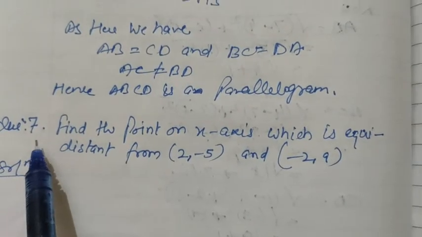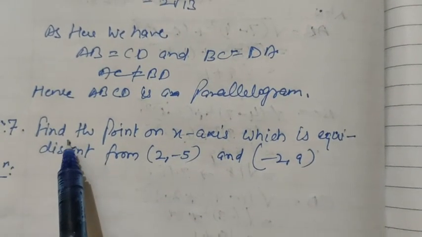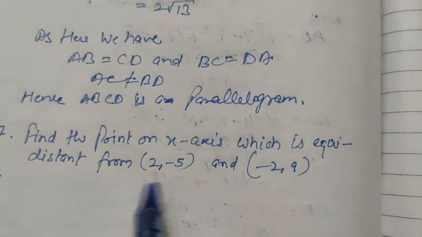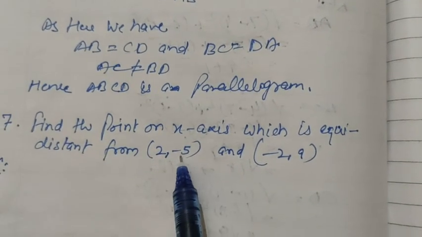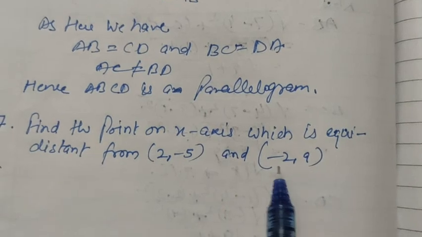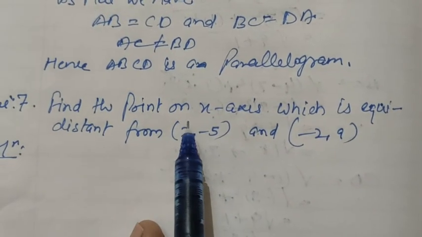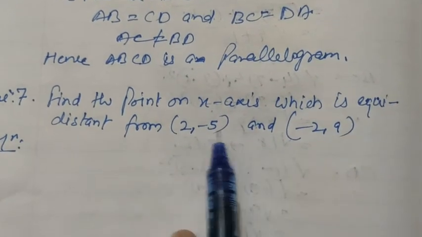In the next problem, that is question number 7, find the point on the x-axis which is equidistant from the given points 2, -5 and -2, 9. So we have to find a point on the x-axis which is equidistant from these two given points.